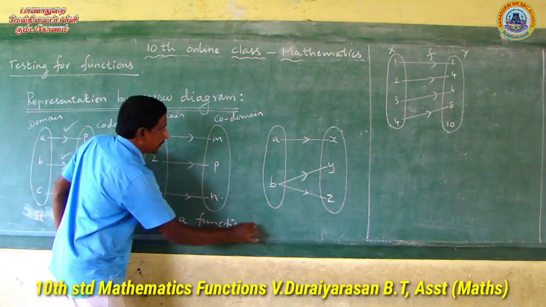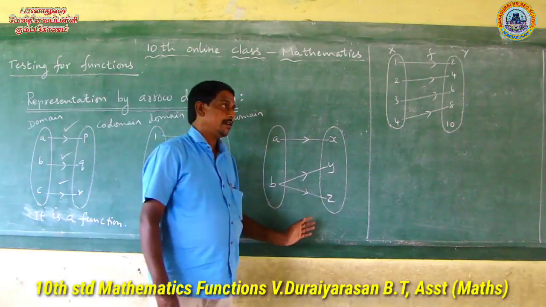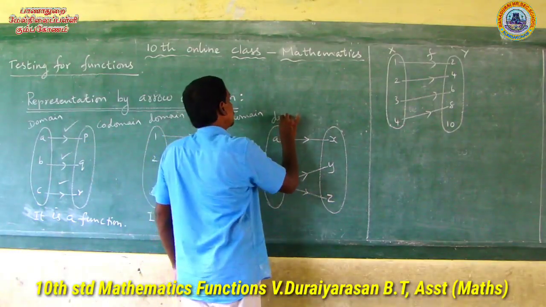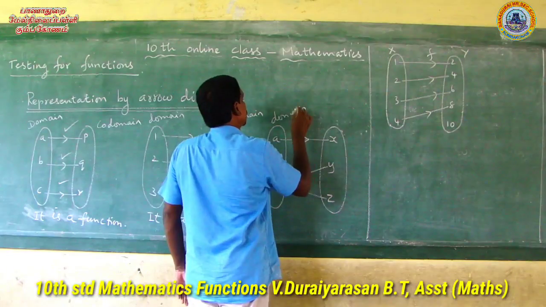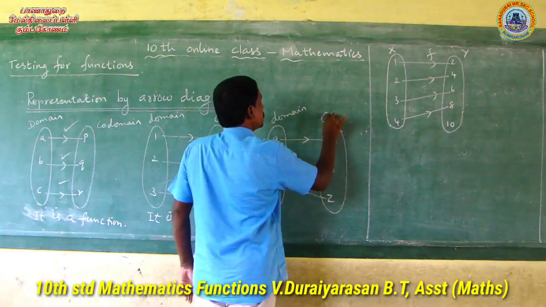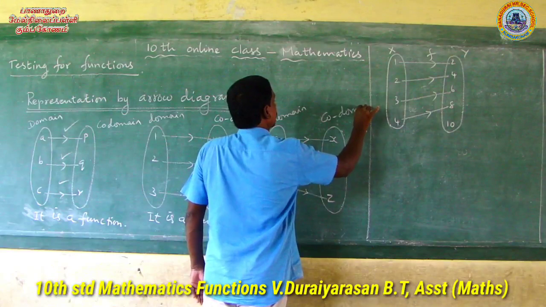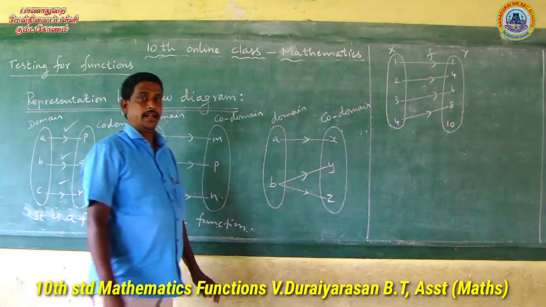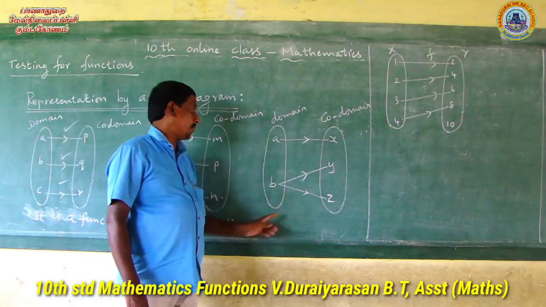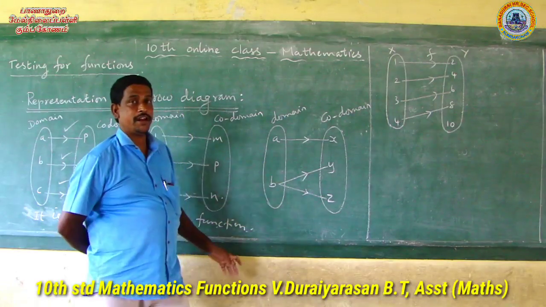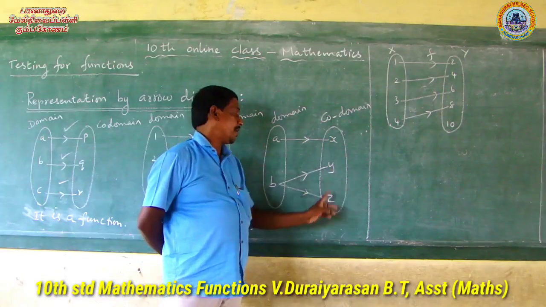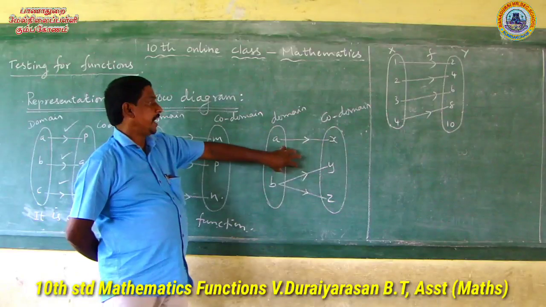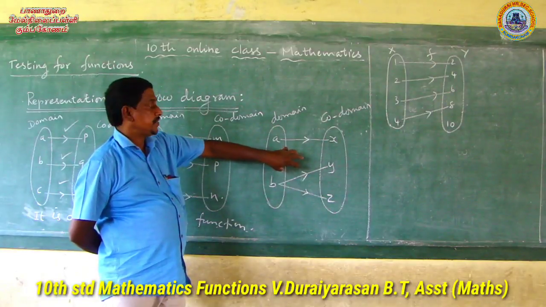One more example, the third one. This is the domain and this is the codomain. What are the values of the domain? A and B are domain values. The codomain is X, Y, Z. Is the given arrow diagram a function or not?